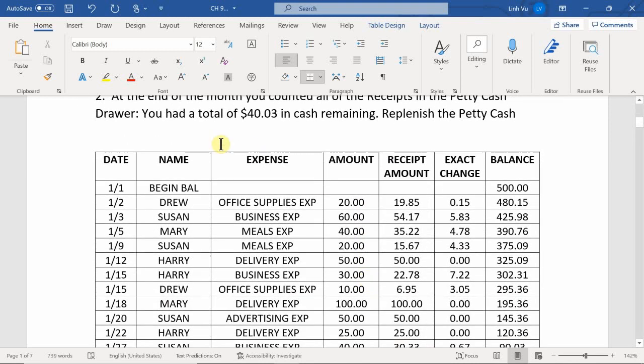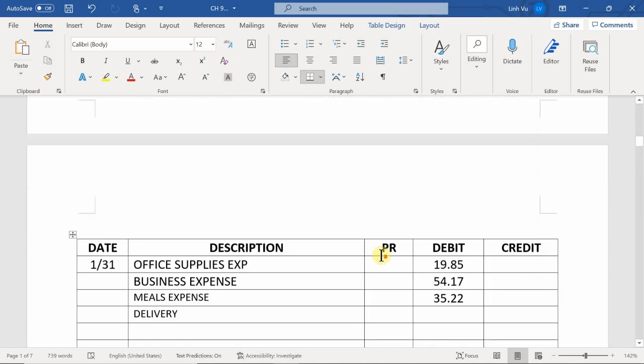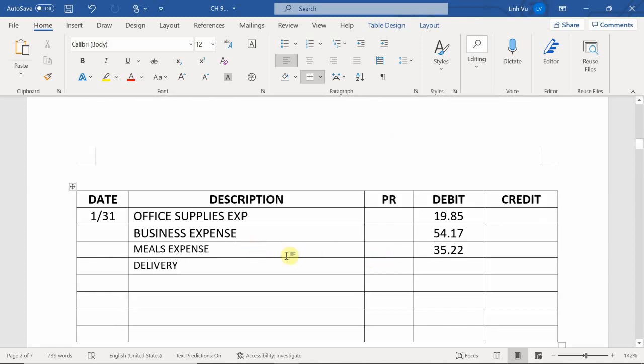Okay, so then Susan took out another meals expense for $15.65. So then I need to add that to my current meals expense, right?